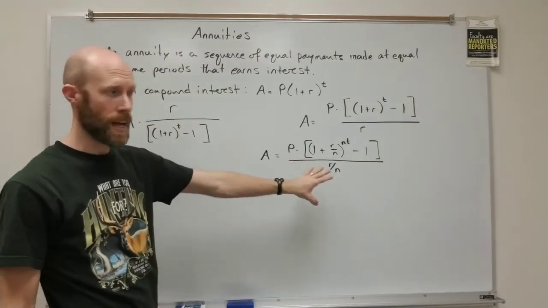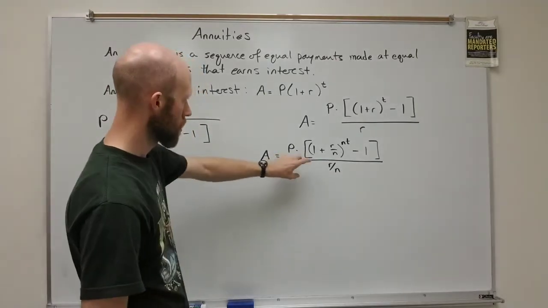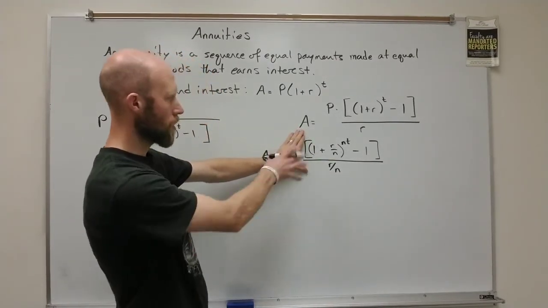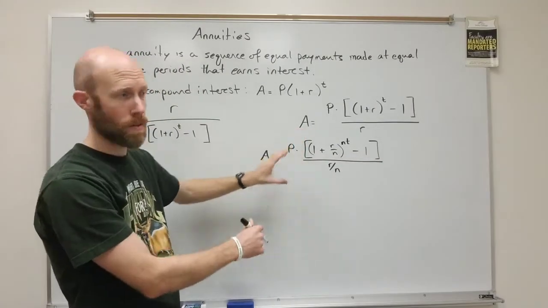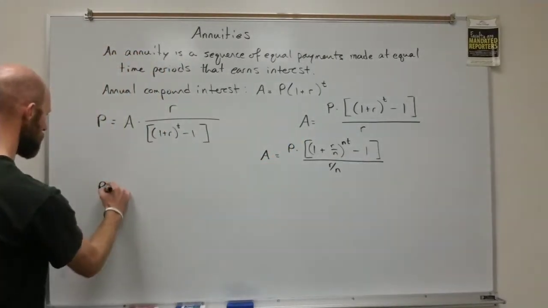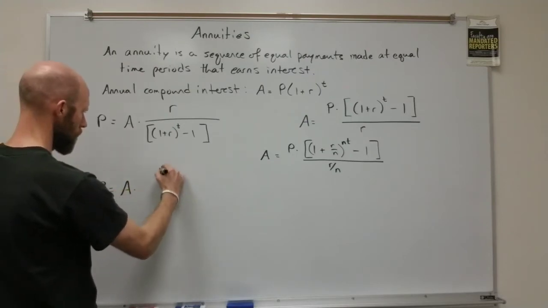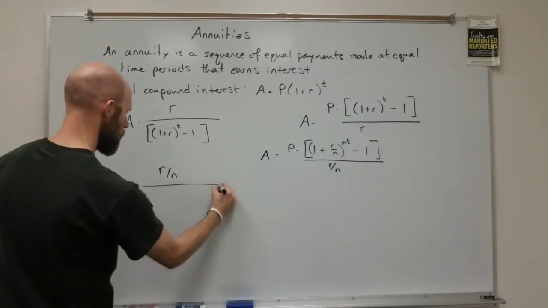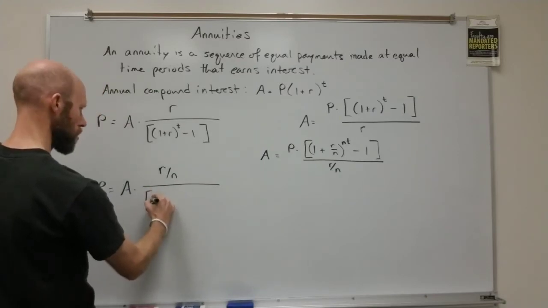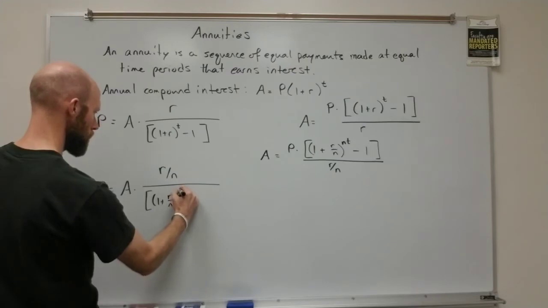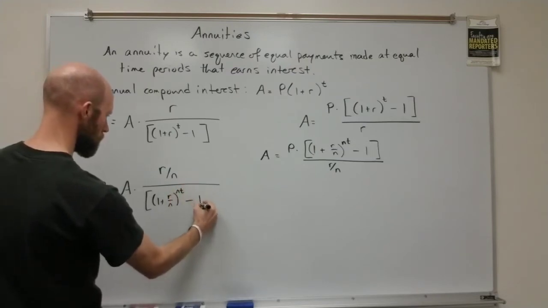Now, if it wasn't an annual interest, if it was something else, you have to take this fraction, multiply it by its reciprocal. So P in that case would equal A times R over N all over the quantity 1 plus R over N to the NT minus 1.